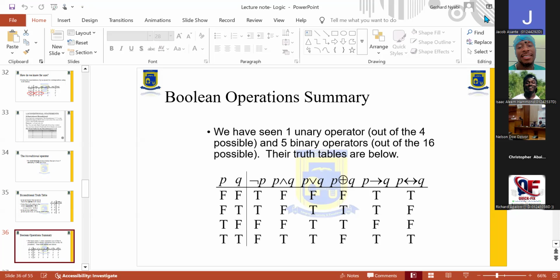This is the full set of all the operations that we have looked at so far.